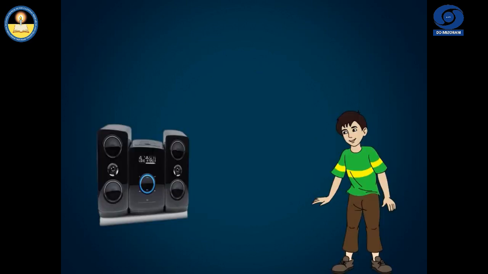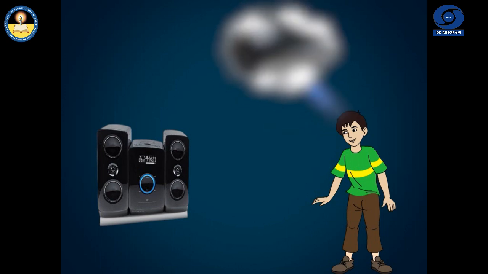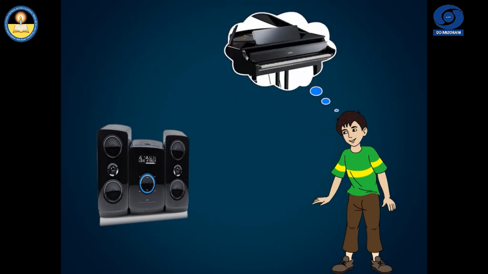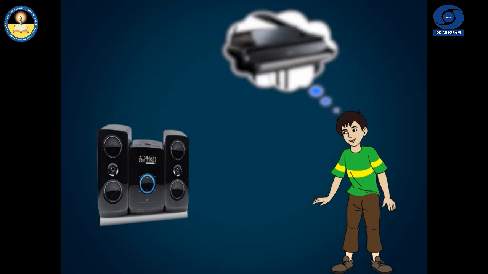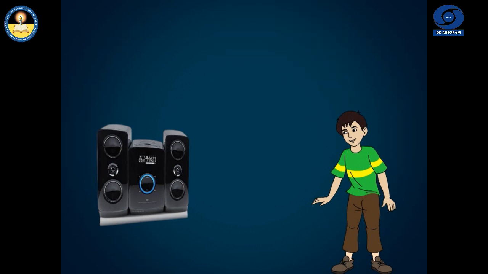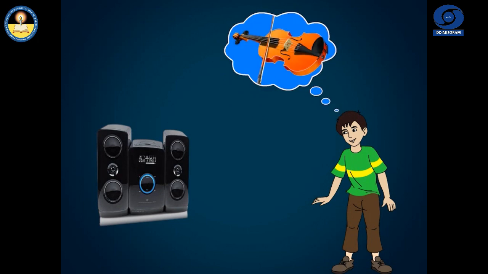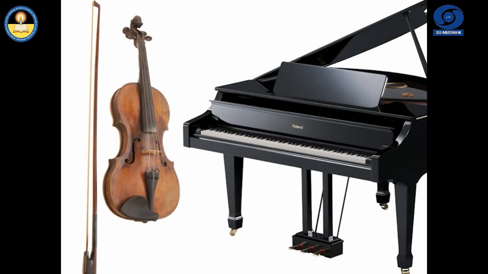Somebody listening to the two different sounds would recognize straight away whether the note is played on the piano or violin. The quality of the two notes is different.